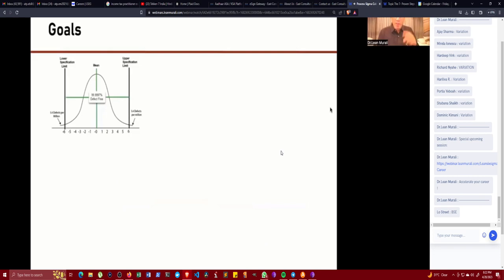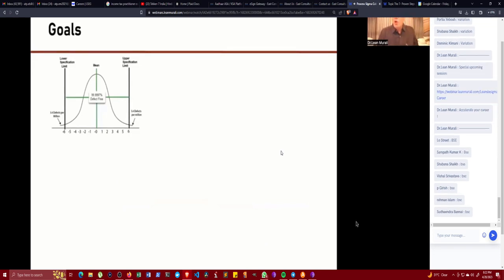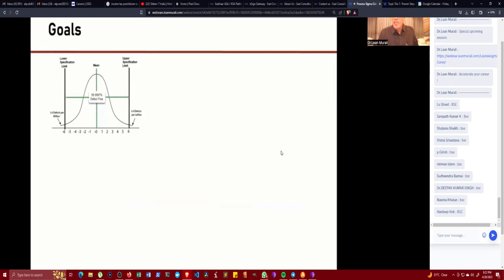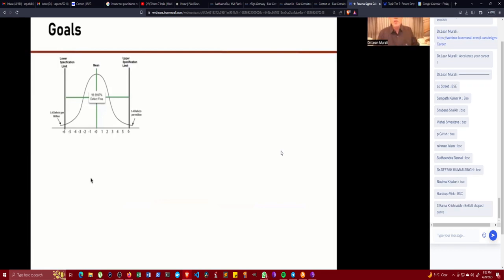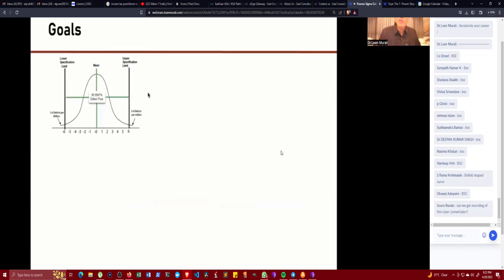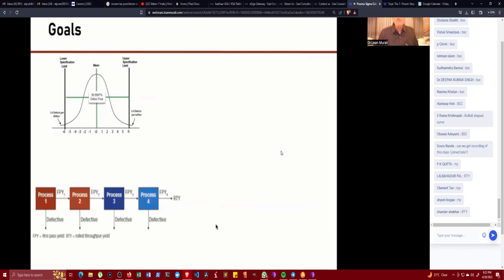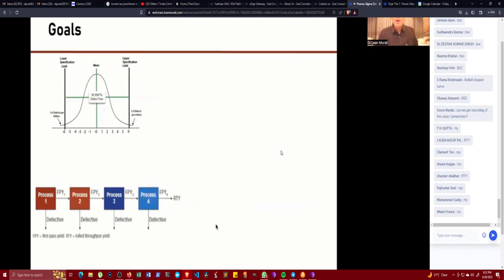Now I'm going to introduce you to some graphs. All of you type BSC in the chat box, bell-shaped curve. In this bell-shaped curve, you will notice a mean, a lower specification limit, and an upper specification limit. Now all of you type RTY in the chat box.